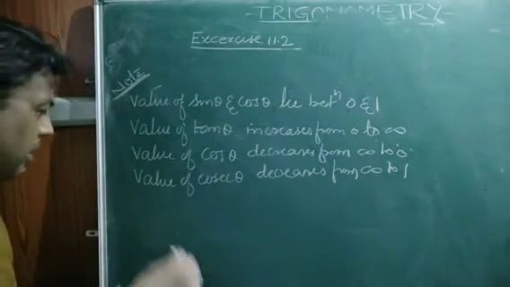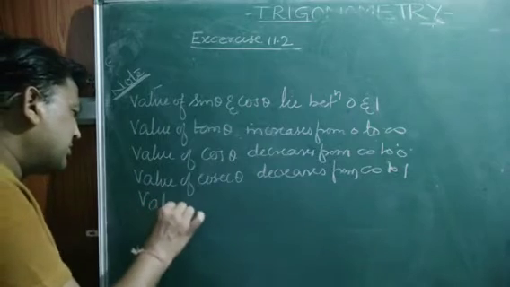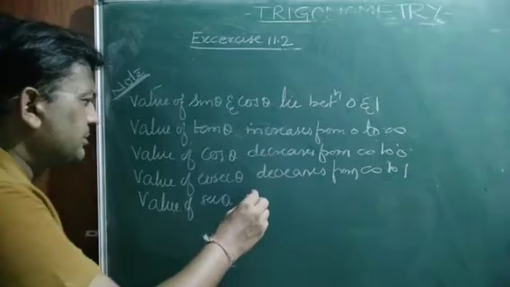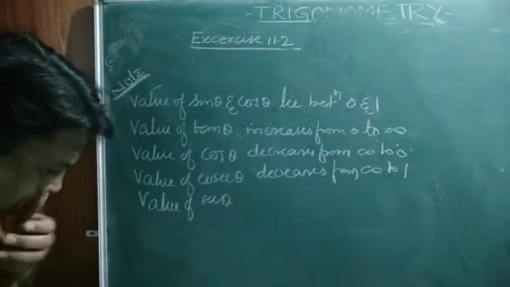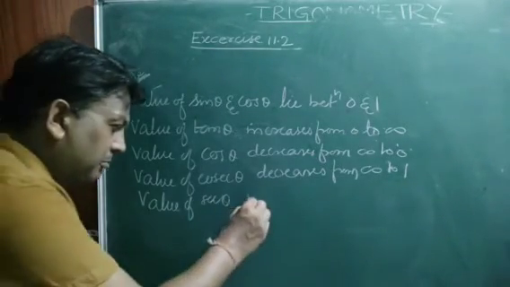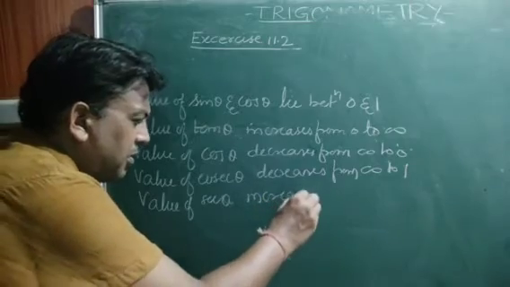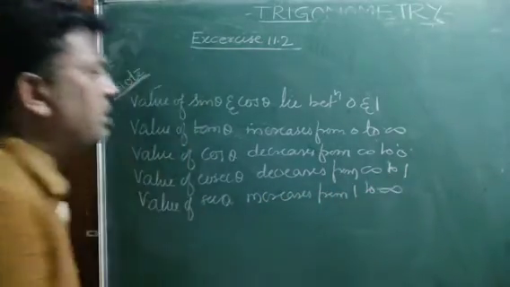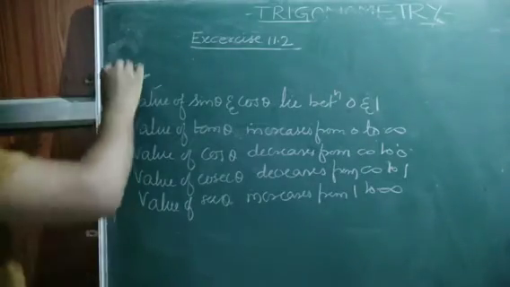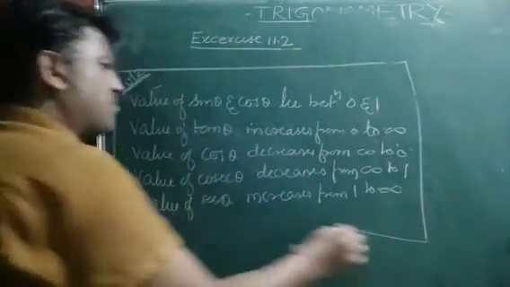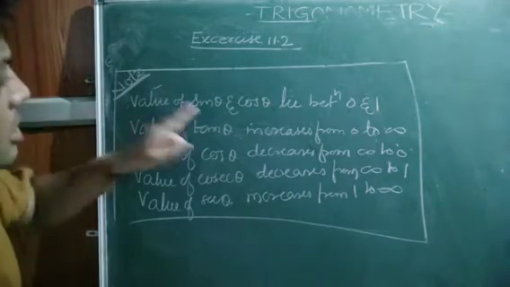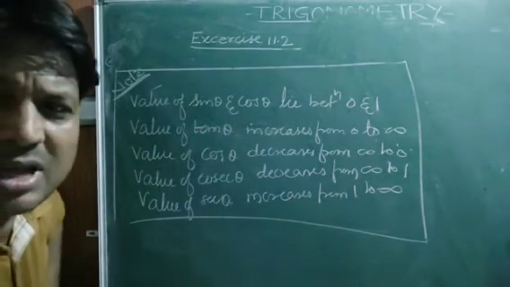Okay children? In case of sec theta, the value increases from 1 to infinity. You must remember this note children, because sometimes you will be asked a 1 mark question to confuse you, such as whether a value of sin theta of 4 by 3 exists.